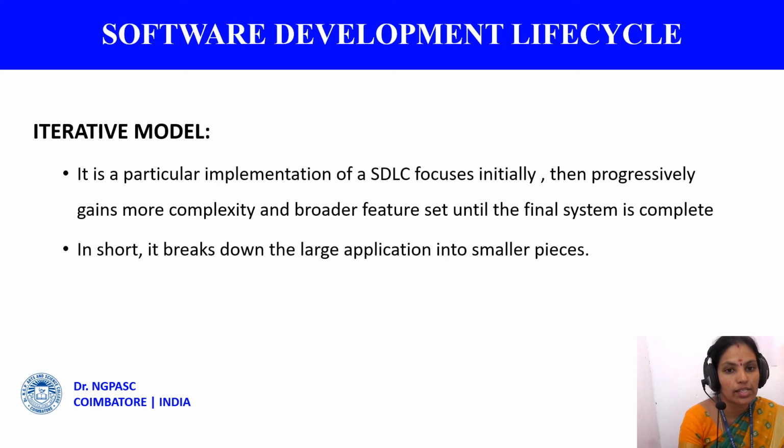It focuses initially on a small part, then progressively gains more complexity and a broader feature set until the final system is complete. In short, it breaks down the larger application into smaller pieces. So whatever the requirements, everything will be divided into smaller pieces and we can implement all those things. This comes under the iterative model.